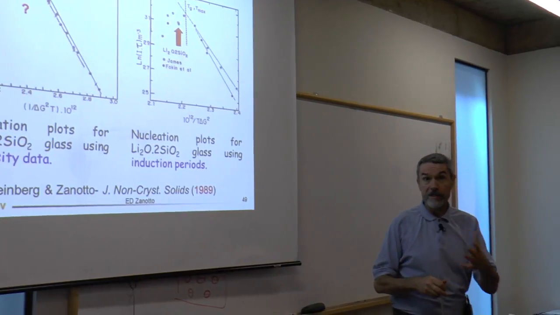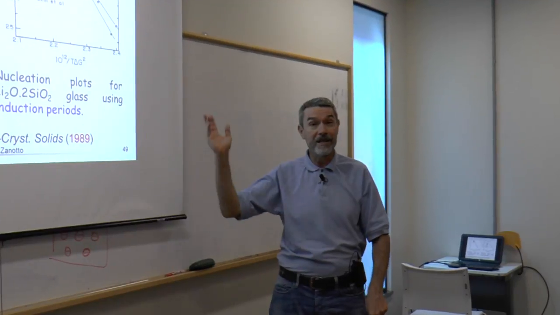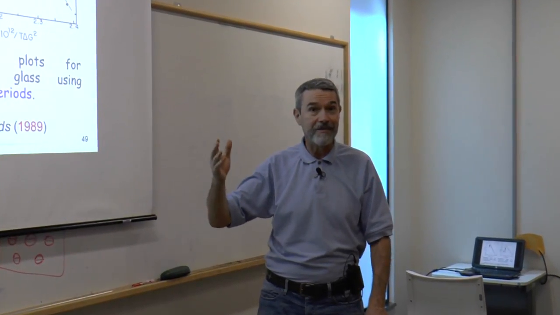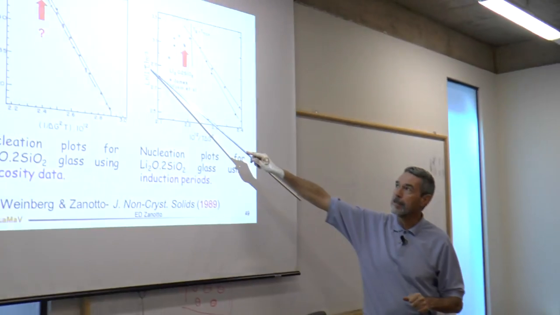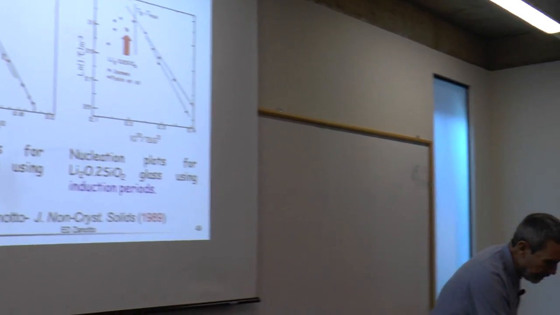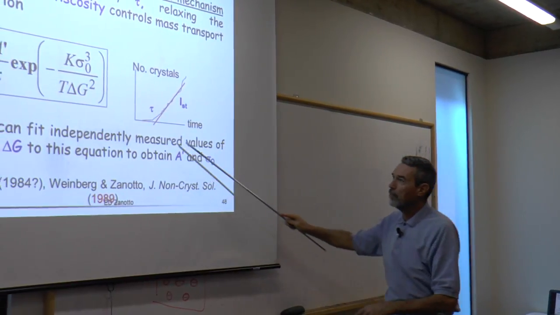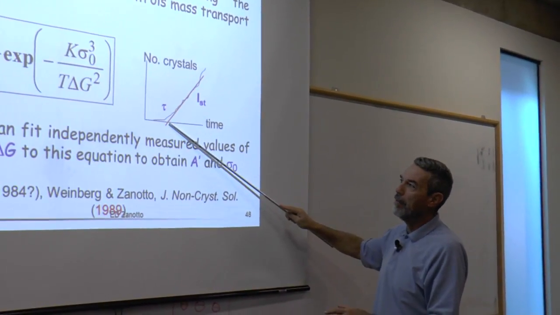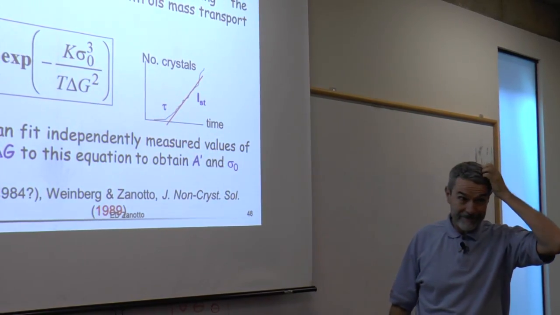Now, 2017, you know, 30 years after or so, we know that there is a problem in this analysis because the induction times, let me go back, these induction times that we get from experiments are not the real induction times.